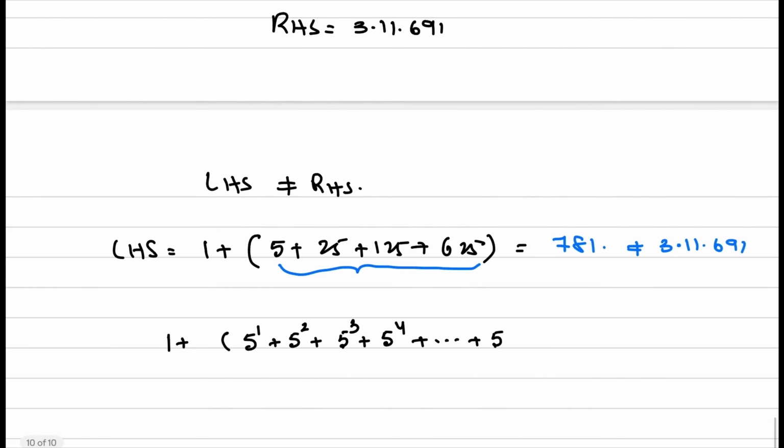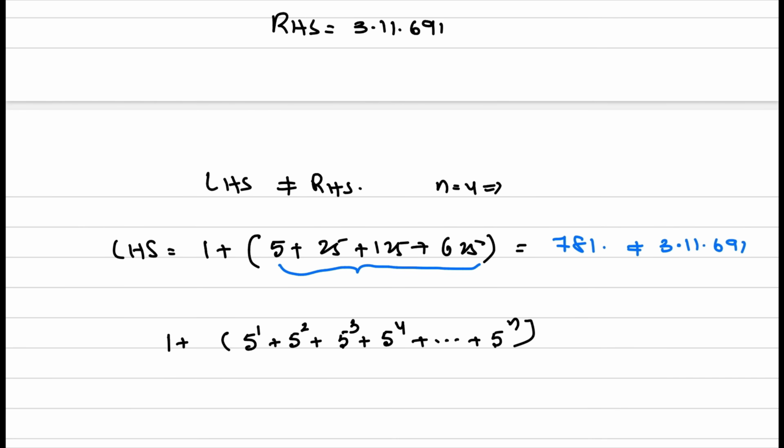Here n is equal to 4. Can this sum of multiples of 5 to which a number 1 is added be divisible by 3?